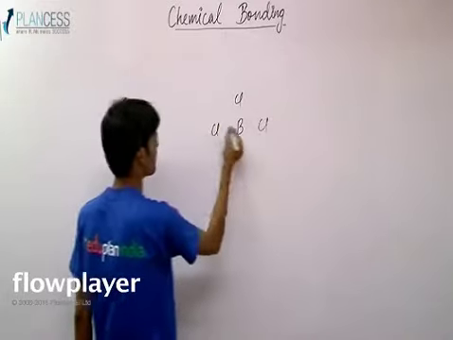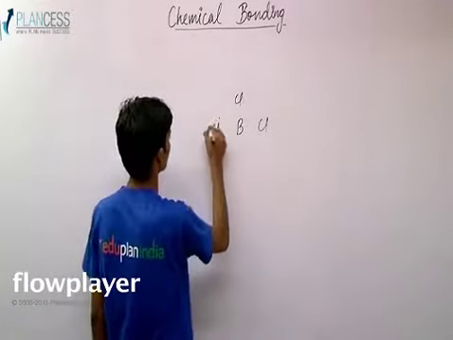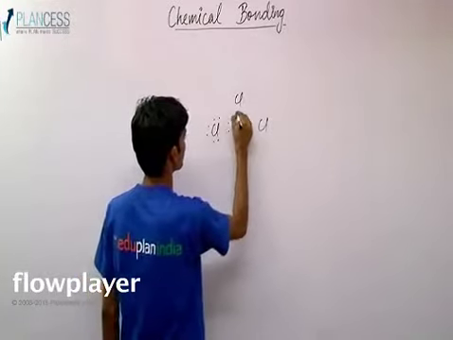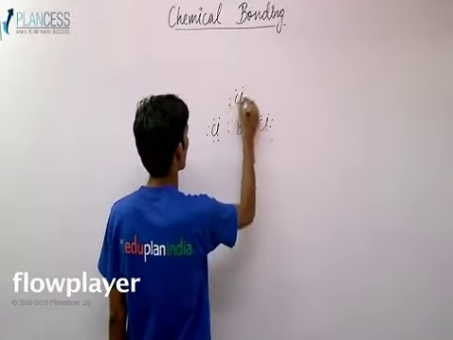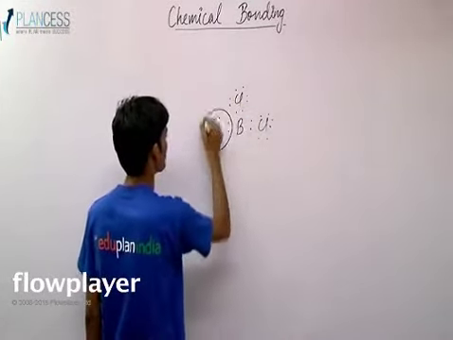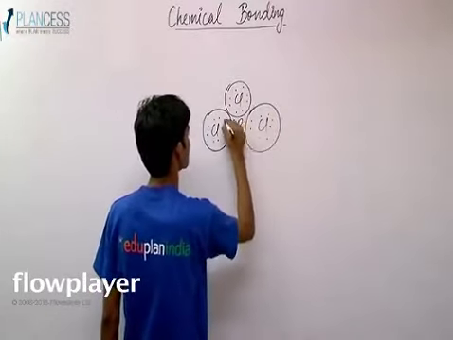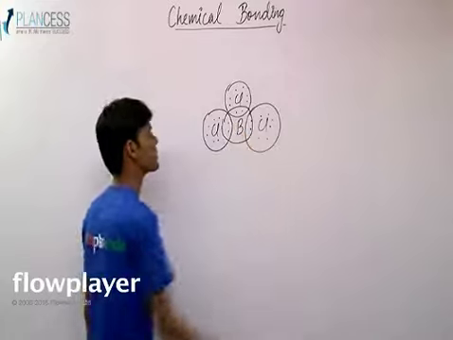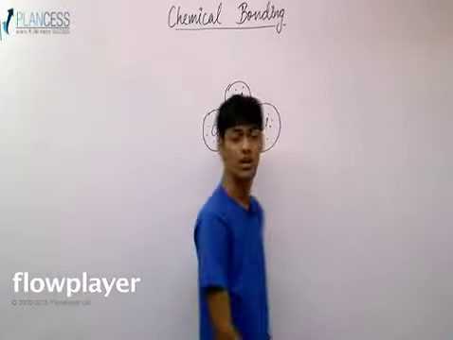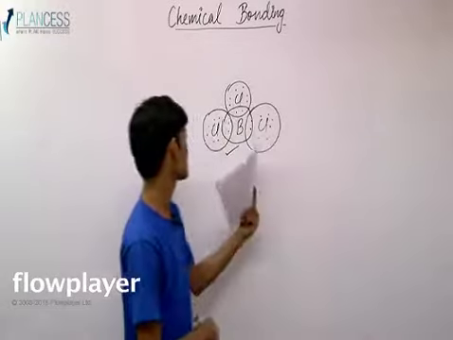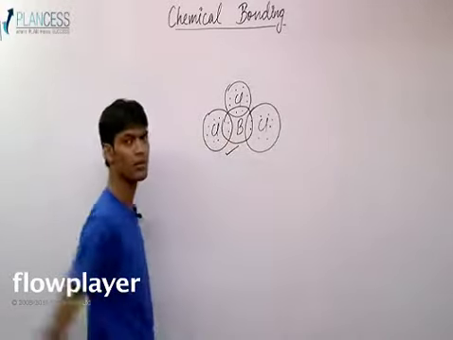In the Lewis dot structure, boron has three valence electrons, and each chlorine shares 2, this is 2, this is 2, this is 2. So each chlorine has its octet complete, but boron has only 6 electrons and it is found to be stable. So the octet is incomplete for the central atom in this case; therefore the octet rule is not followed.